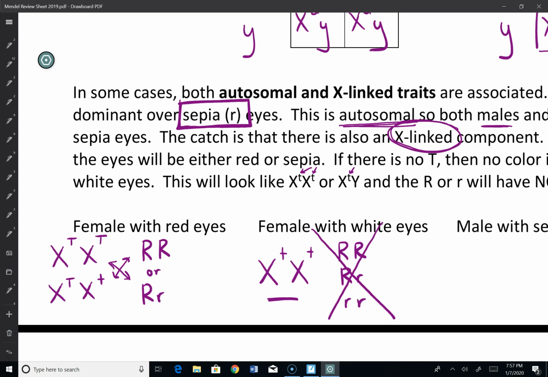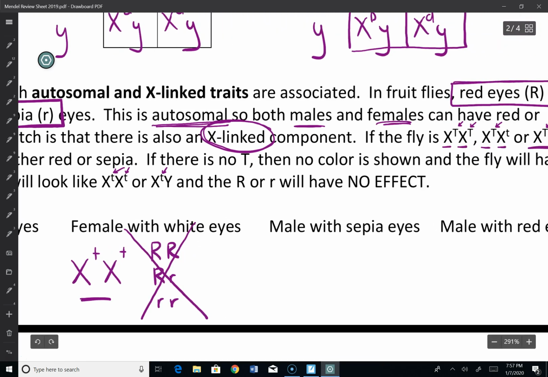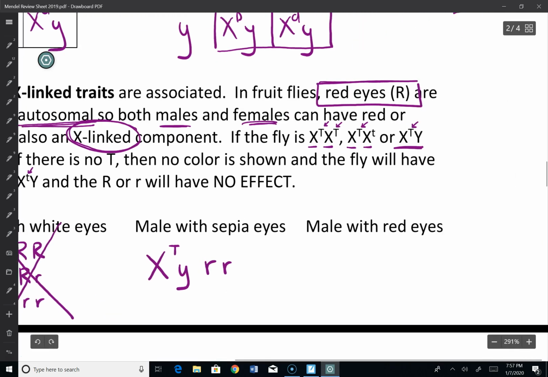So now, let's go with a male with sepia. Now, sepia is the recessive trait, so there's only one way to write this. X capital T, Y, lowercase r, lowercase r. That is a male with sepia. Now, a male with red, there are two ways to write it. You can write it X capital T, Y, capital R, capital R, or X capital T, Y, capital R, lowercase r.